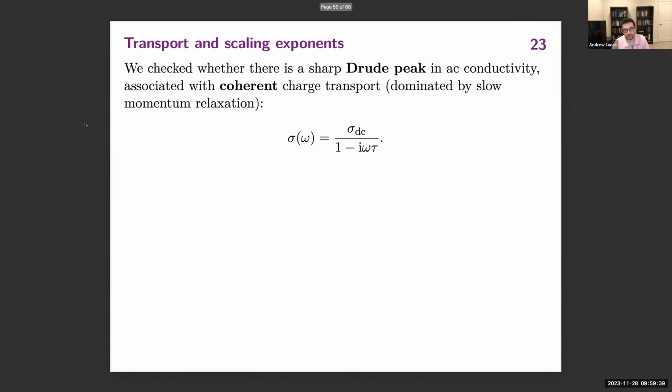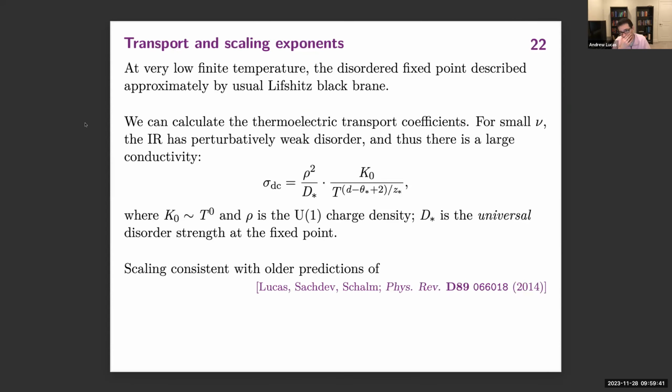We didn't. I suspect that sometimes at that AdS2 times R2 Reissner-Nordstrom fixed point, you need to be a bit more careful with these arguments. So it's possible that something interesting happens there. But one thing I would stress is that these are all weakly disordered fixed points.